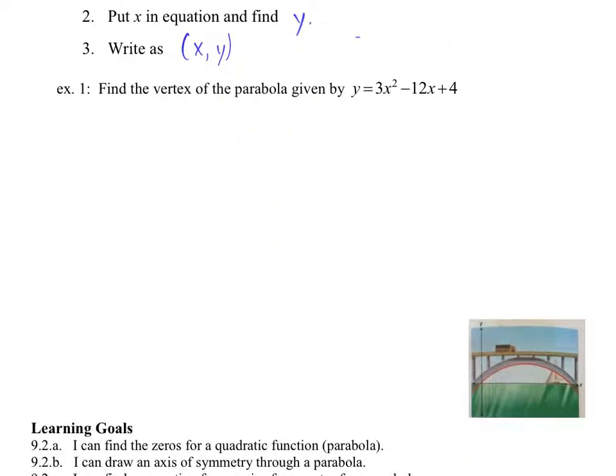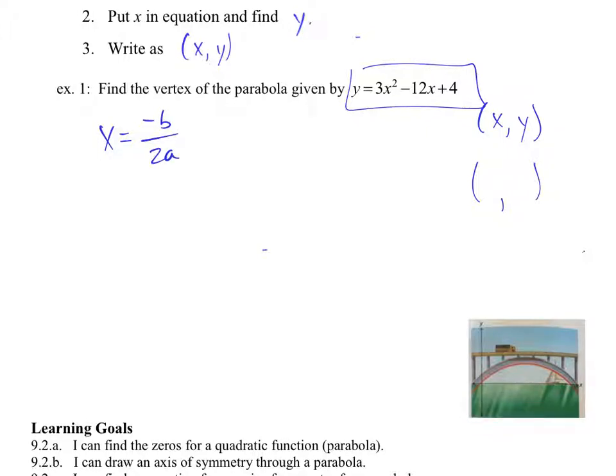So if we were to do that here, find the vertex of this. We're trying to find our point x comma y. What's our easiest way to find the x value? Since we know an equation, it's probably to use x equals negative b over 2a. So for this one, what goes in my numerator?